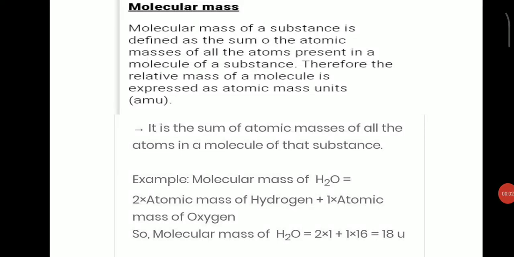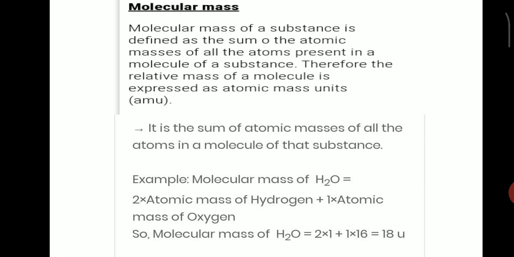We have studied that the mass of the atom of an element is known as atomic mass, and it is similar to relative mass, and it is expressed in U. The mass of the molecules of a chemical compound, we call it molecular mass. So mass of an atom is atomic mass, mass of a molecule is molecular mass.